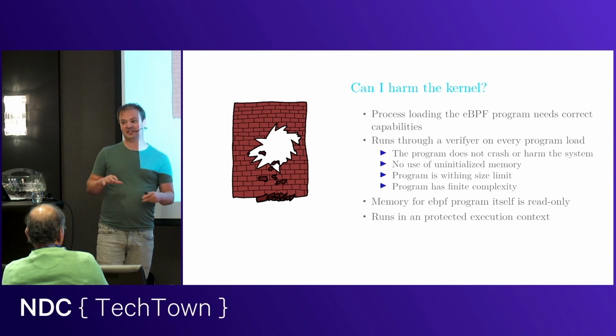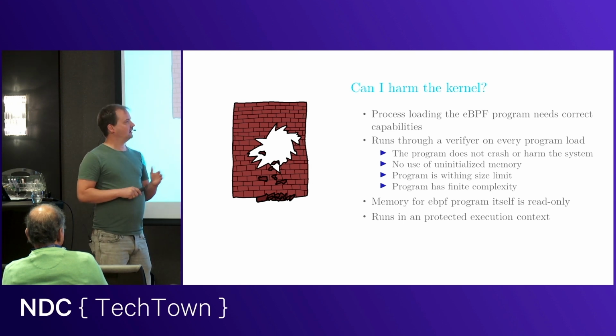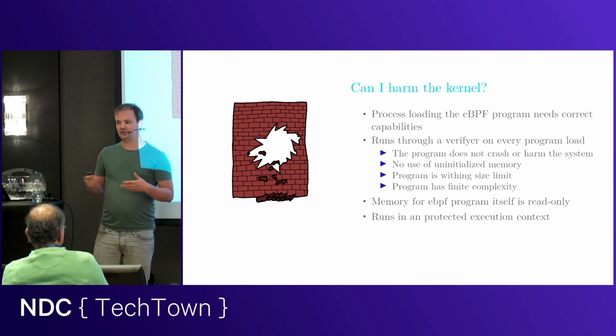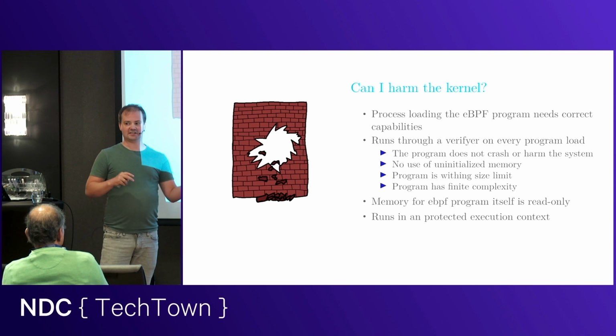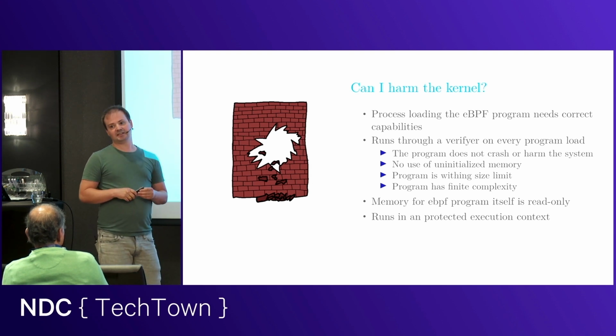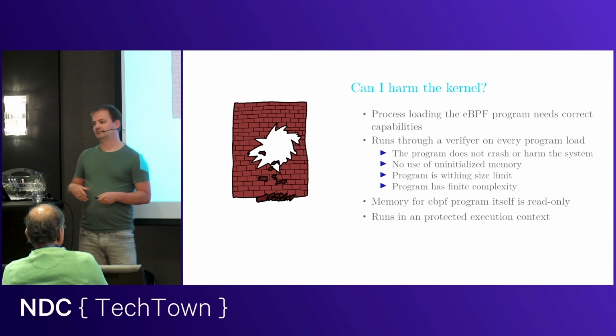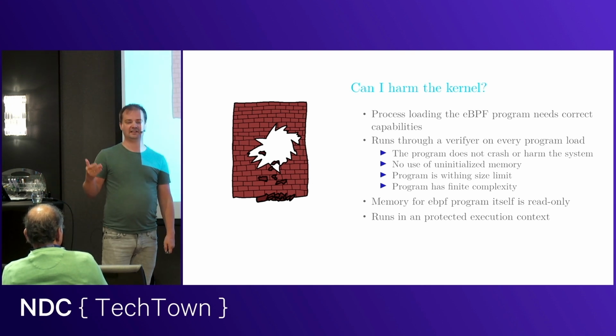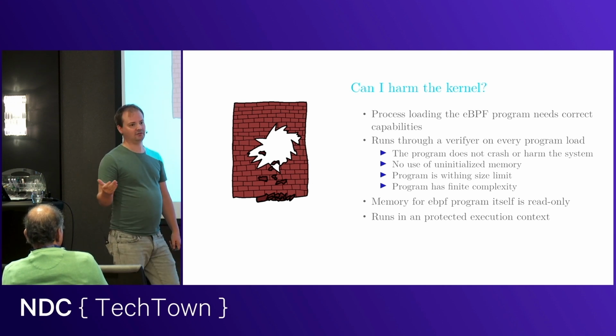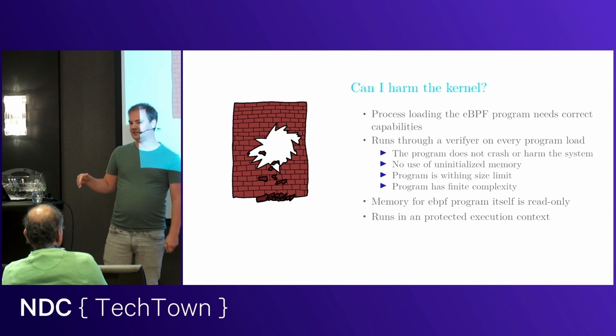It checks that you're not using uninitialized memory. It checks that you're within a size limit of the program size. And it checks that your program has a finite complexity, meaning that at some point you can prove that this program will finish. So you can't have infinite loops. You need actual bounds on your loops for this to even work.